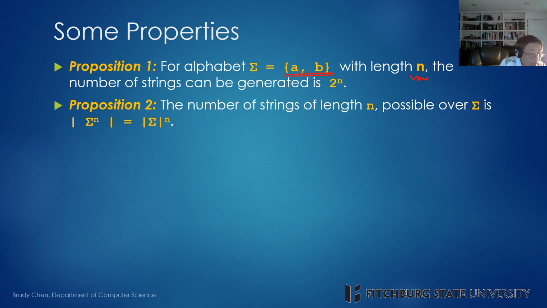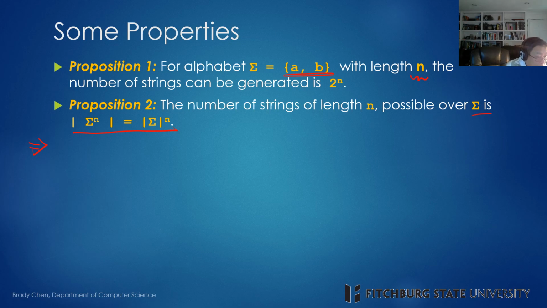Okay, so that's one. Proposition 2: the number of strings of length n over sigma is the number of elements in sigma to the n. Now, let's take a look at some examples to illustrate this.